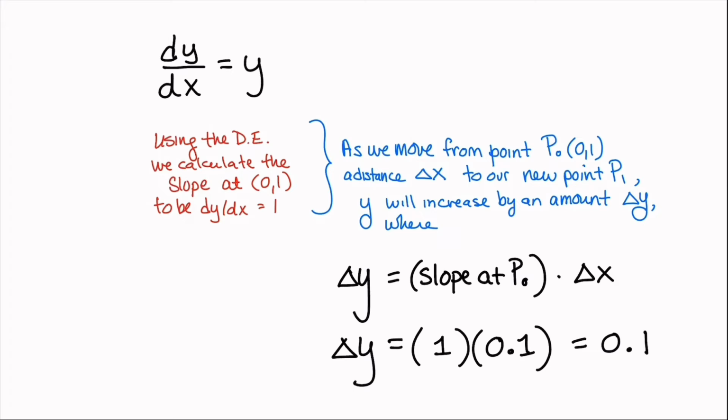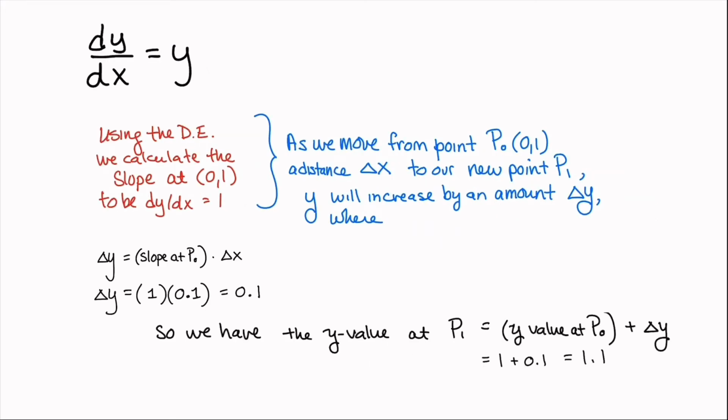Now, in order to get to P1, we need to also know how much to move in the y direction, or delta y. To get delta y, we multiply the slope, given by the differential equation, at point P0, by the increment delta x, and that's going to give us delta y, the amount that we have to add to our y value in order to move upwards. So here it works out to be 1 multiplied by 1/10, which is 1/10.